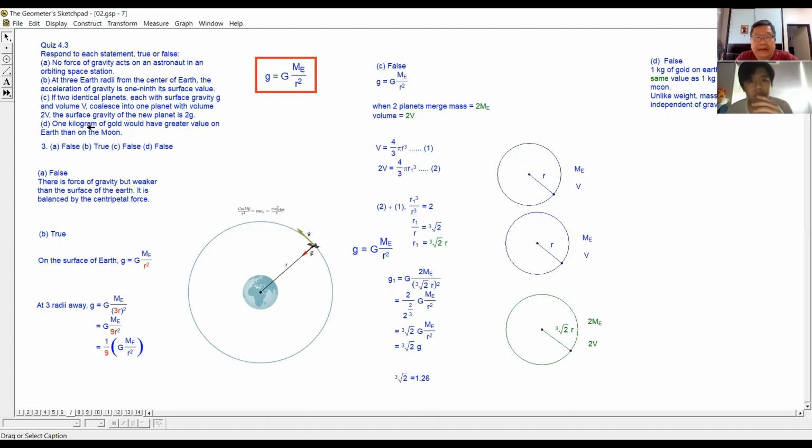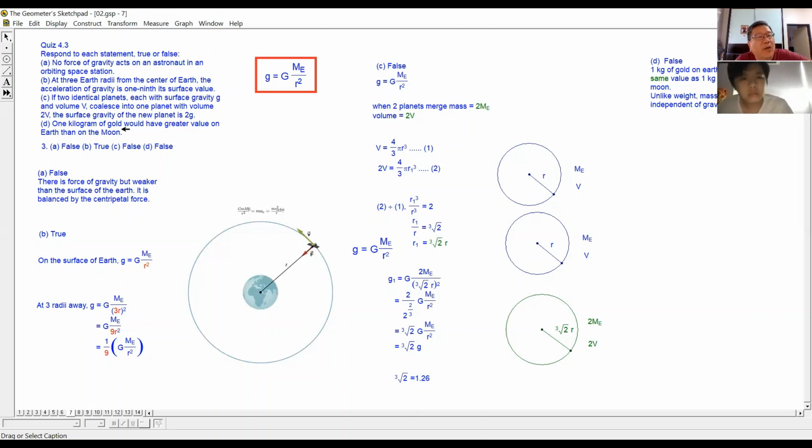So 1 kilogram of gold on Earth and 1 kilogram of gold on the Moon have the same value. They have the same amount of matter, the same amount of material. So it will be the same, right?